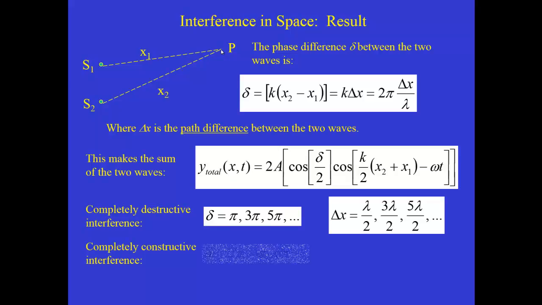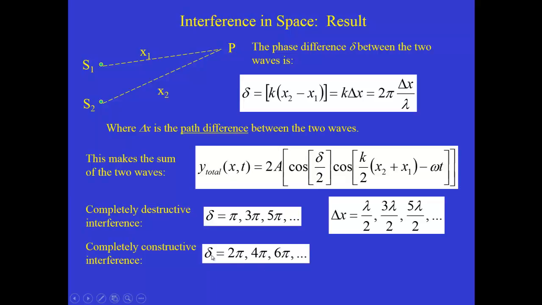Now the other extreme would be constructive interference, right? That would be where the cosine of this argument delta over 2 is equal to 1. And so that happens where delta is 1 or negative 1, doesn't really matter. So that would happen where delta is equal to 2 pi, right? Because then that would be cosine of pi. It'll happen again where delta is equal to 4 pi, because that would be cosine of 2 pi, and so on.